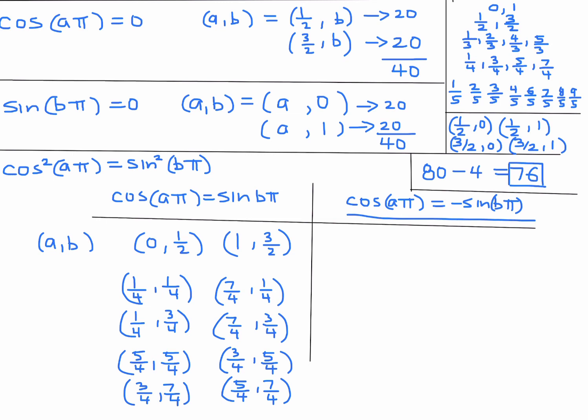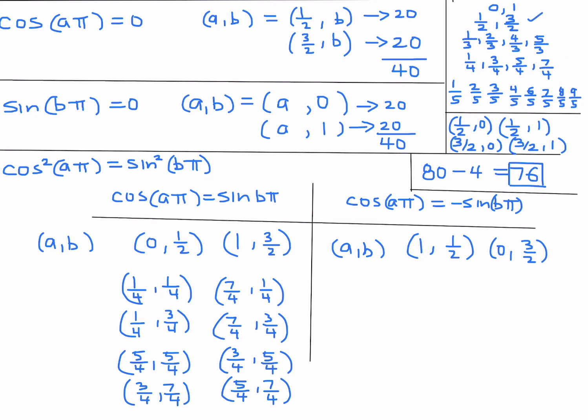Then now, when it's negative, we've got the following possible combinations for a and b that make that equation hold true. 1 and 3/2 and 0 and 3/2 from this row.